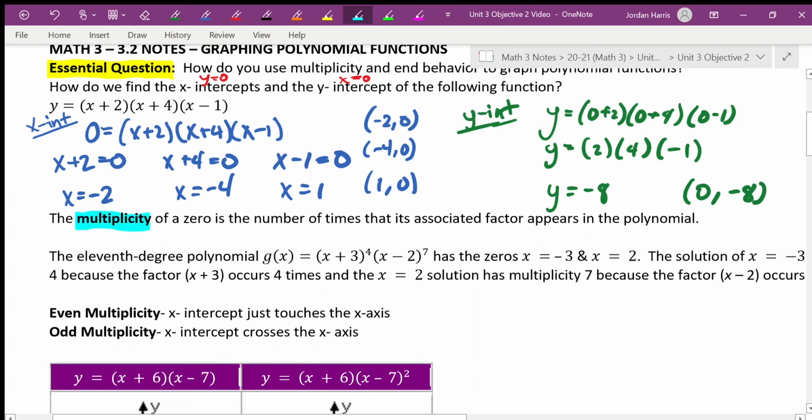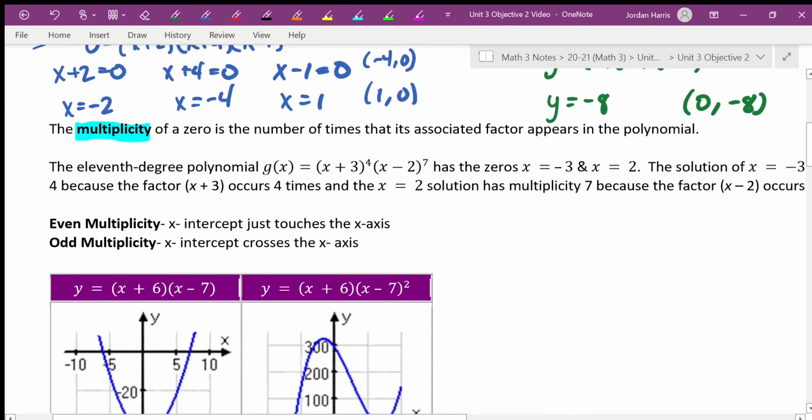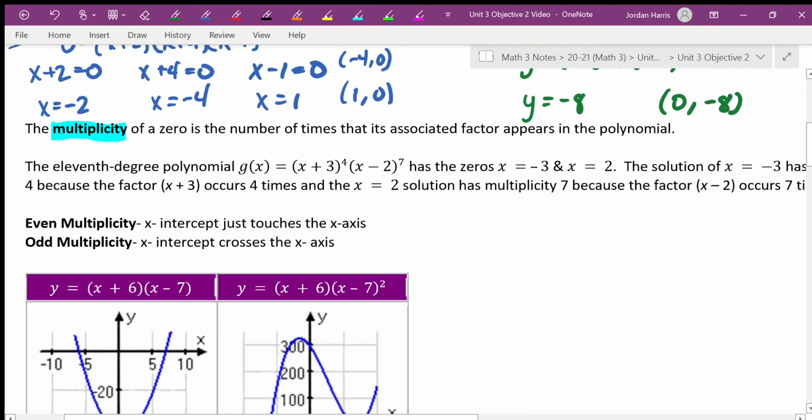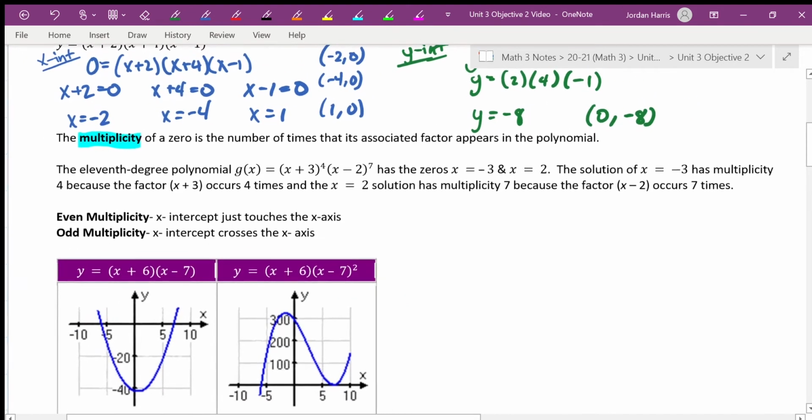The multiplicity of a 0 is the number of times that its associated factor appears in the polynomial. So take an 11th degree polynomial, meaning, remember, the highest exponent is 11. That's what degree is. (x plus 3) to the 4th, (x minus 2) to the 7th. So I only have 2 zeros, negative 3 and positive 2, but they occur more than once.